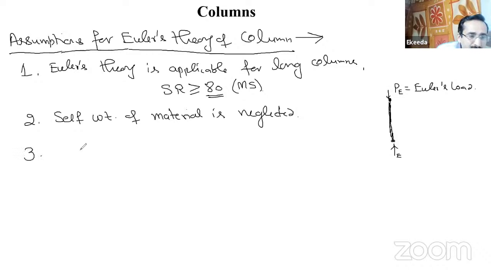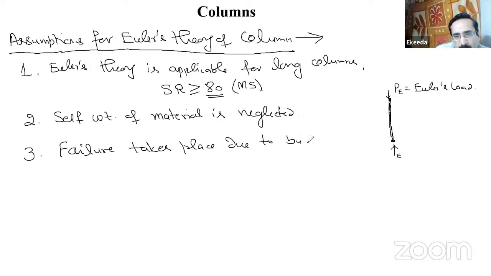And we discussed that the failure takes place due to buckling only. Here we are assuming that failure takes place due to buckling only. The effect of direct stresses is very small. So these are some assumptions of the columns.